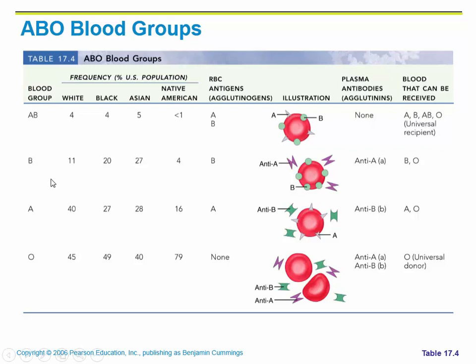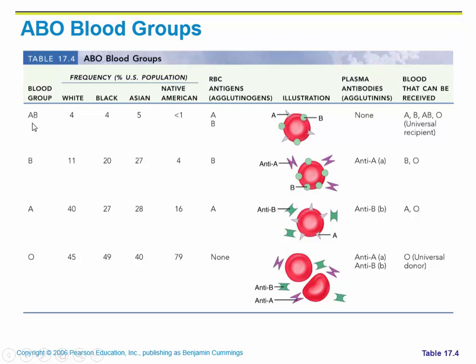In the B group, you have B antigens on the blood, but you have anti-A antibodies. The opposite is true for A blood: you have A antigens and anti-B antibodies. O is actually the recessive form of blood in the human body. In O, you have no antigens, but you have both antibodies, anti-A and anti-B.